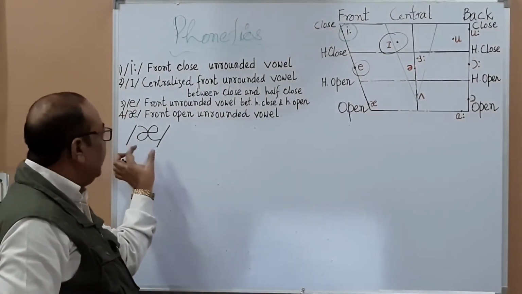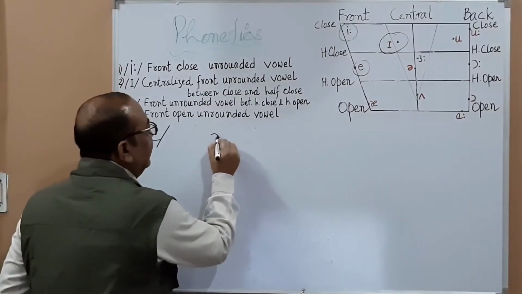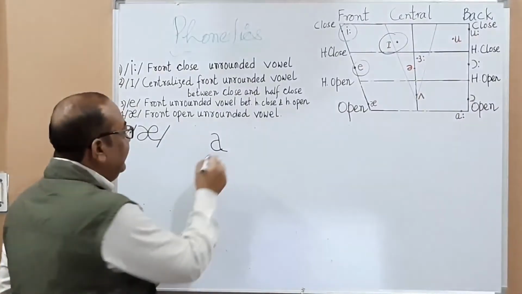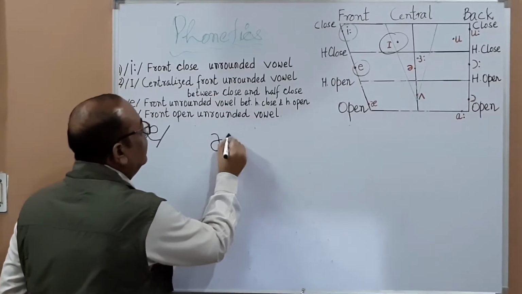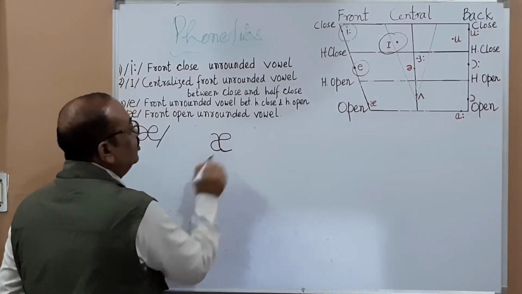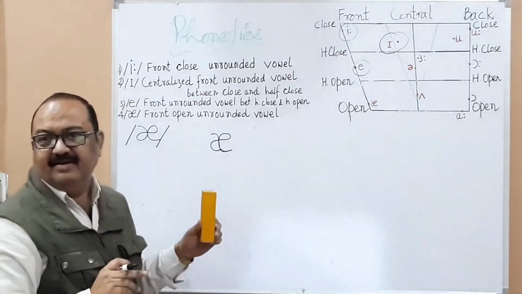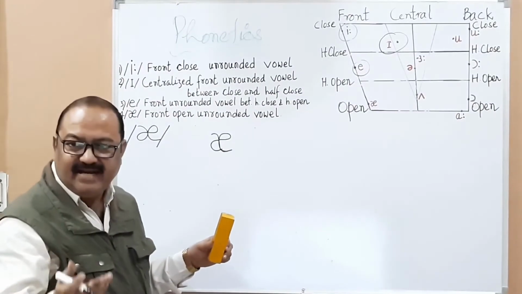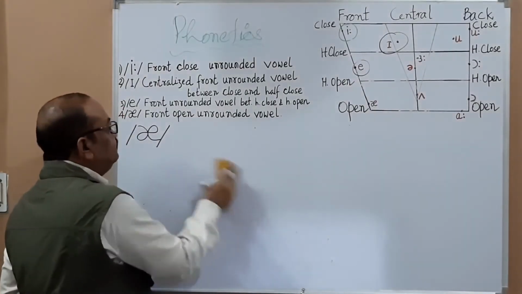It is in a way a combination of two letters, this is a and this is e. When you join a and e, you get æ, as you have in bat, cat, mat, fat, rat, and so forth.